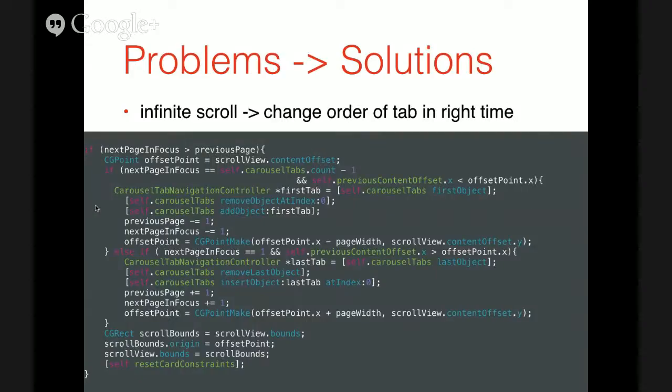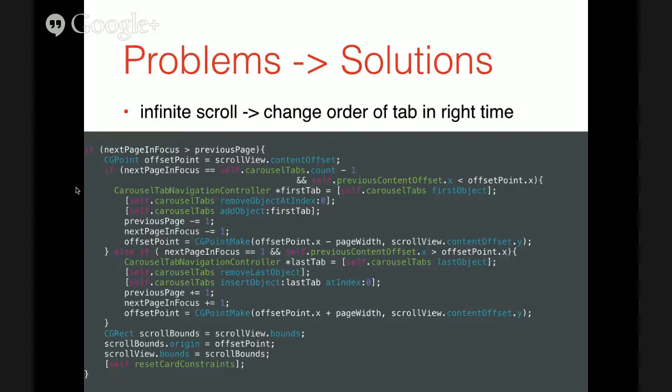Then, about infinite scroll. To achieve that kind of effect, you need to change the order of tabs at a specific time. In this portion of code, you can see that we are first getting the offset of our scroll view.